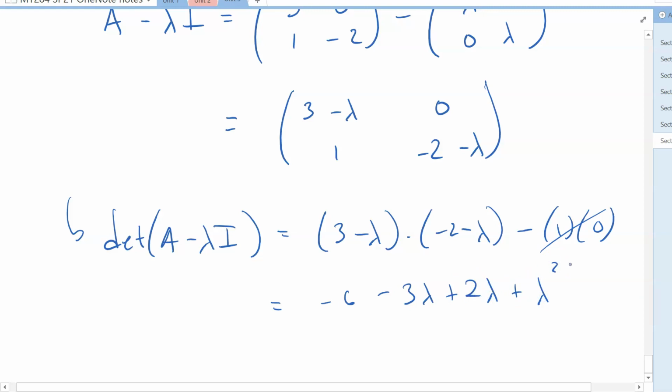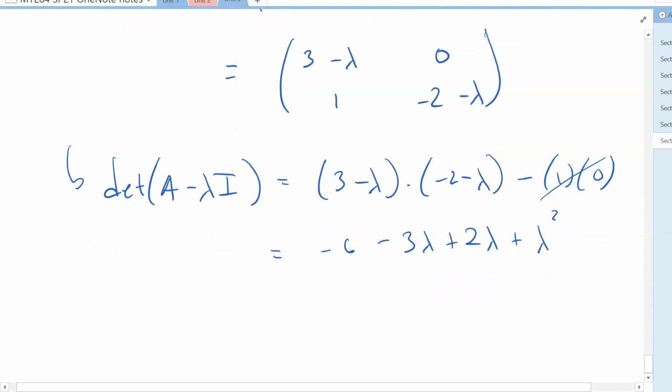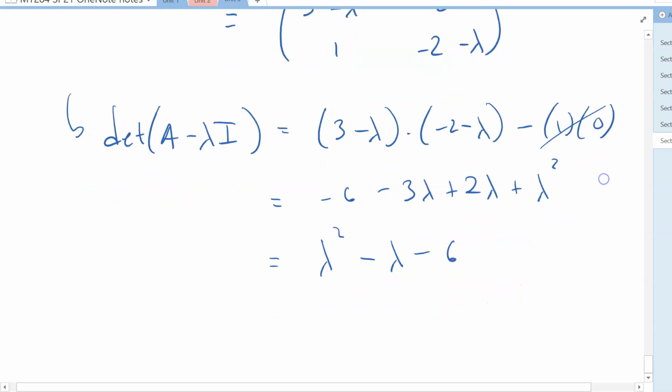From there, we combine like terms, and then we'll solve the resulting equation. So let's rewrite that in descending order. We get lambda squared minus 1 lambda and then -6. That factors as lambda plus 2 first, and then lambda minus 3 second.